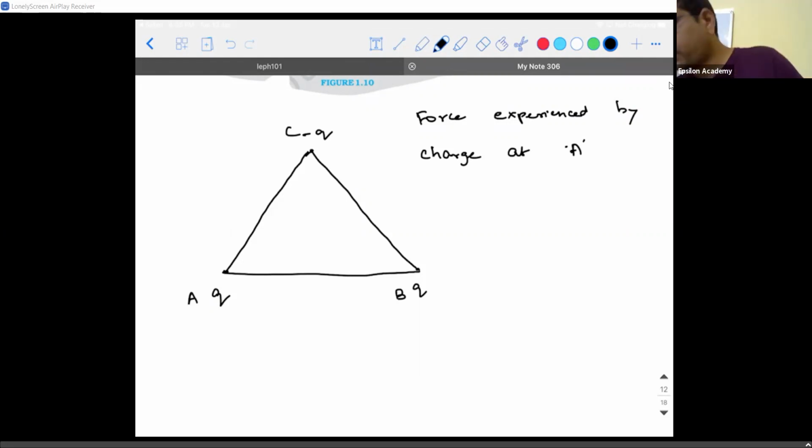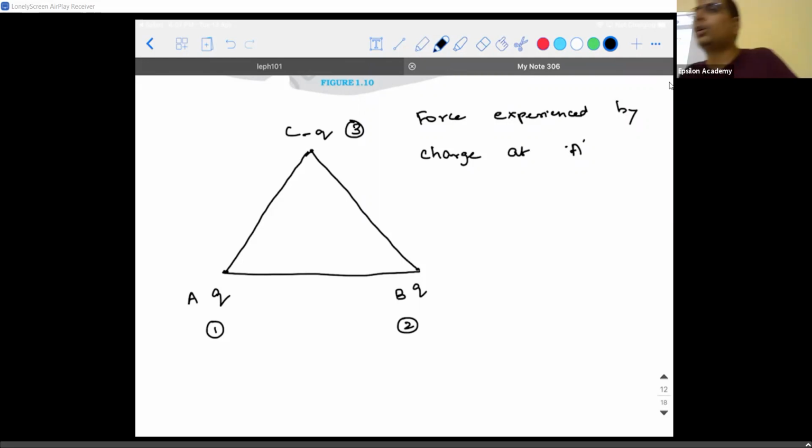So let's give numbers to them. First charge, second charge and third charge. So what will be the direction of force experienced by the charge at A due to the charge at C? The charge at C, will it impose an attractive force or a repulsive force? Attractive. The charge at C will give an attractive force.